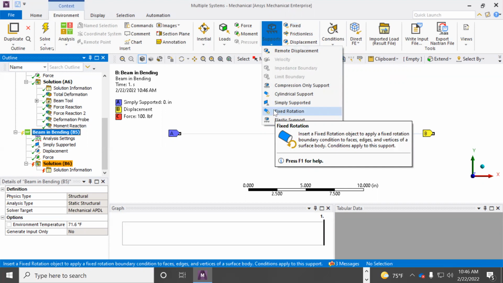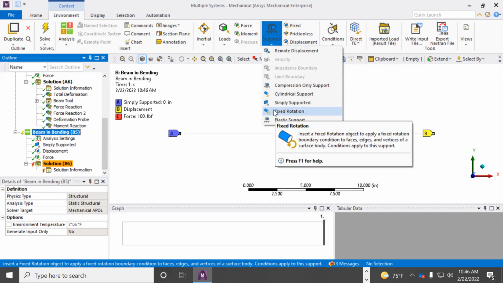I do not want to fix all 3 degrees of freedom. This is very important. A quick fix that is going to give you very wrong answers is to put fixed rotation everywhere. But we want to specifically prevent the beam from spinning about the x-axis.